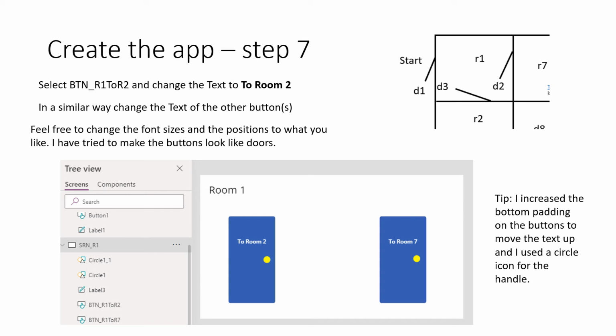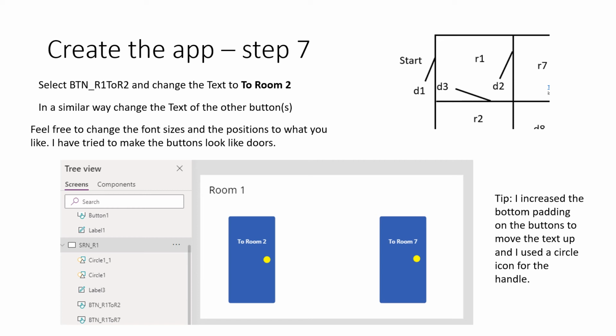So here's what mine looks like. As you can see from my plan, R1 leads into R2 and R7 through D2 and D3. So these are buttons. What I've done is I've just resized the buttons and I've added in a circle icon to make a handle. I've changed the text to room 2.